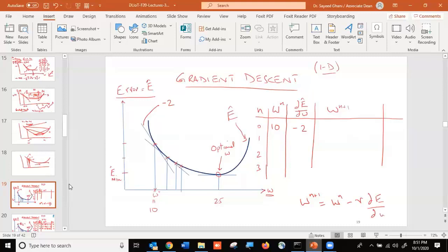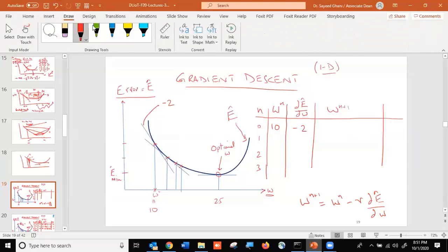Now, one of the things I haven't told you is how we actually calculate the slope. This is probably something that we'll talk about next time, or we'll try to start off today. But we have a learning rate, which tells us how big a step to take, and we have a slope.